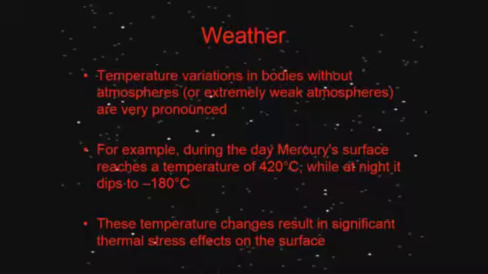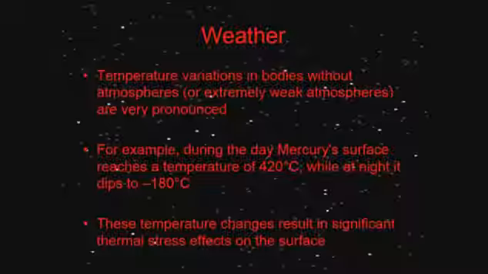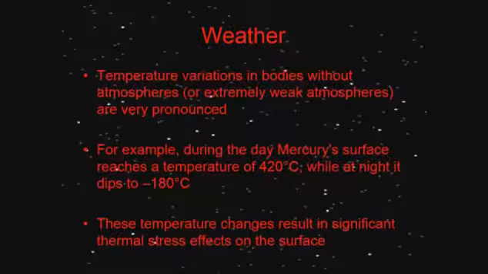Temperature variations in any bodies without atmospheres or extremely weak atmospheres are really pronounced. This will happen not just on Mercury but also on the Moon. This is also a problem for things like spacecraft and people who wear spacesuits, in that the shade has a very low temperature and the parts in direct solar illumination have very high temperatures.